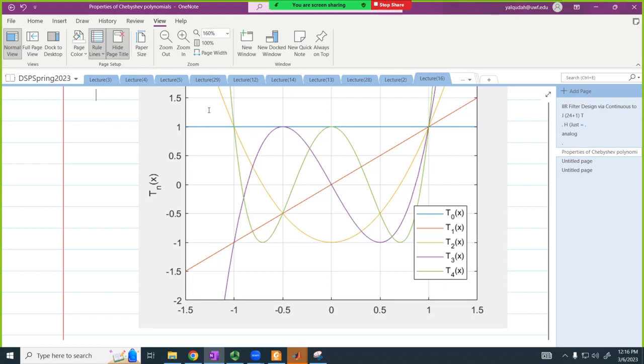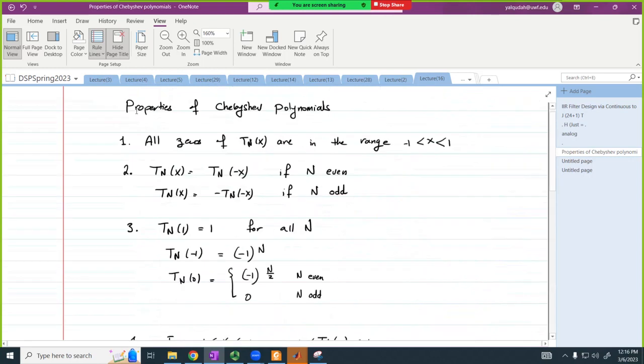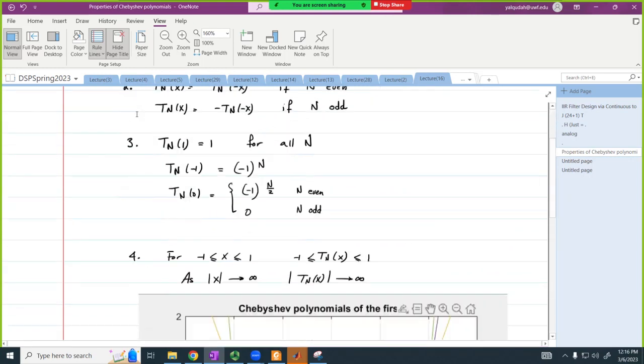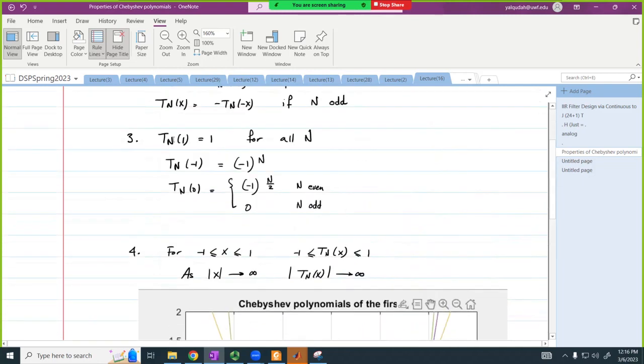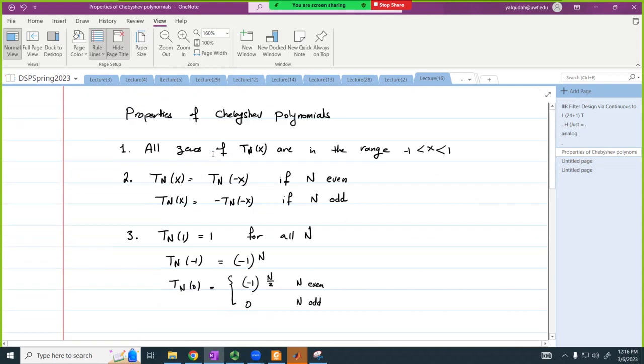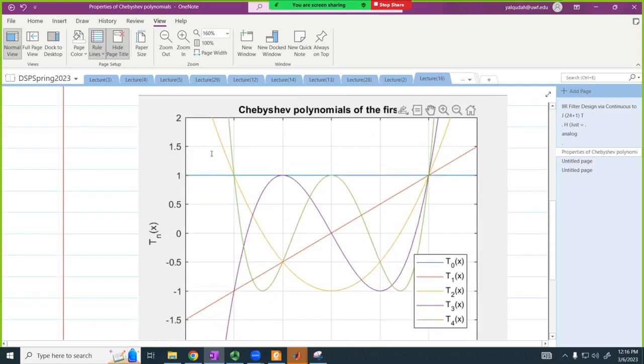If you look here, you should be able to see that when n is even, the function is even. When n is odd, the function is odd. So if I look at T4, we see it is even. If I look at this one, T1, it's an odd function. See it, everybody?